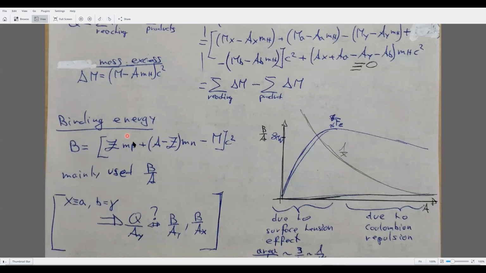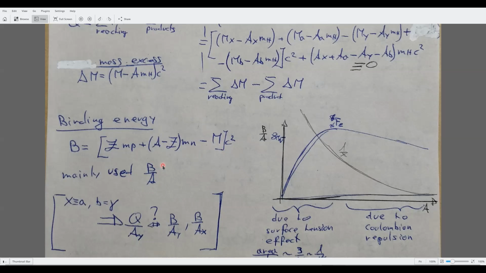If we are, as it would be in fusion, taking all the protons and all the neutrons and putting them all together, producing this nucleus, this Q value is called B, the binding energy, and this is the energy that is released, essentially the difference in mass between the initial single particles and the nucleus with everything put together.